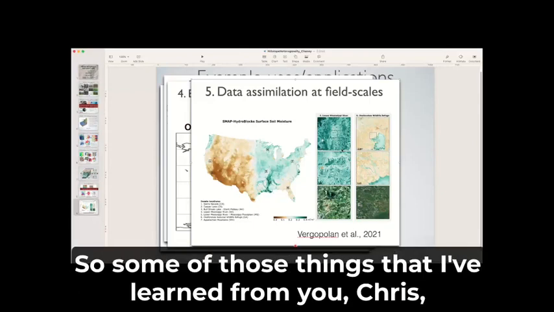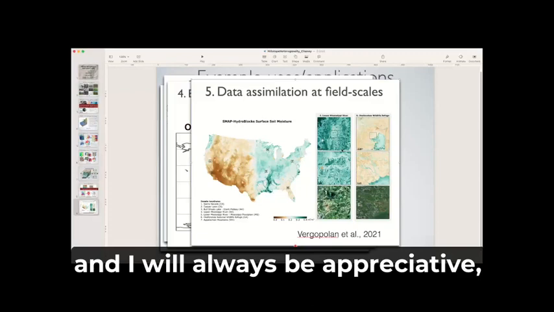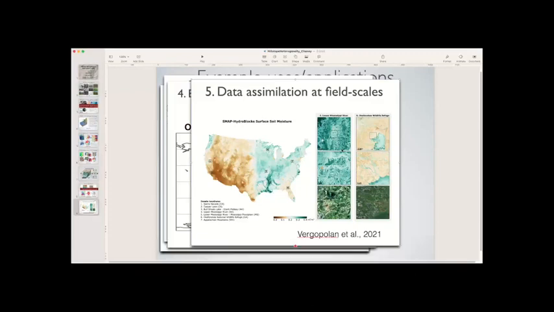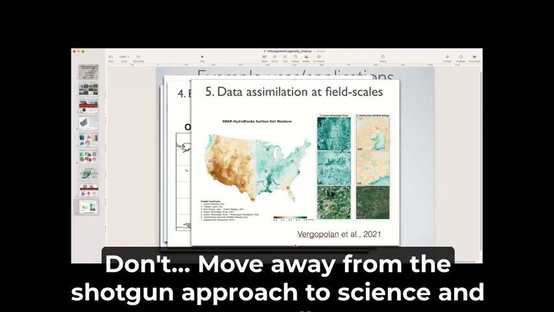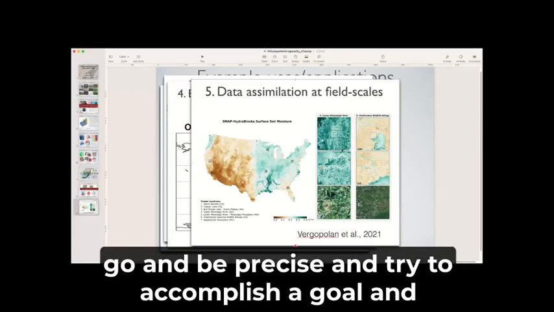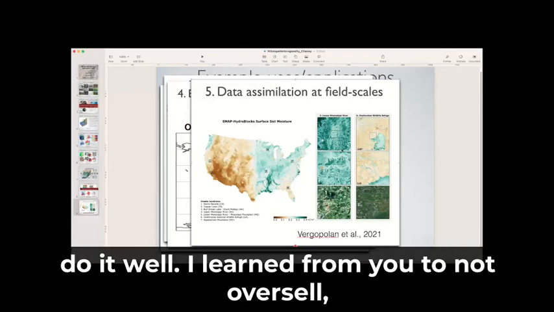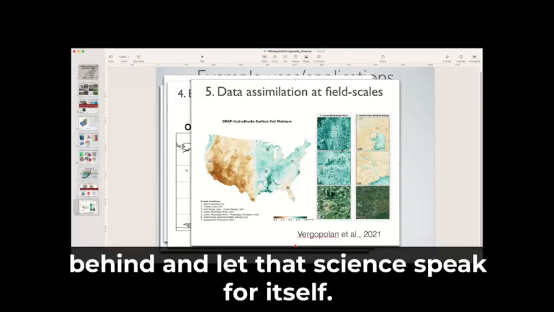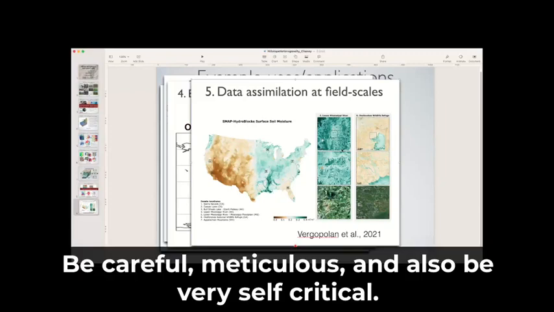So some of the things that I've learned from you, Chris, and I will always be appreciative, is to not rush science. Move away from the shotgun approach to science and actually be precise, try to accomplish a goal and do it well. I learned from you to not oversell, to actually be proud of the science that you're behind and let that science speak for itself. Be careful and meticulous, and also be very self-critical.